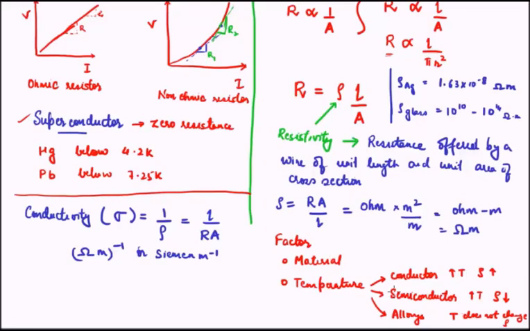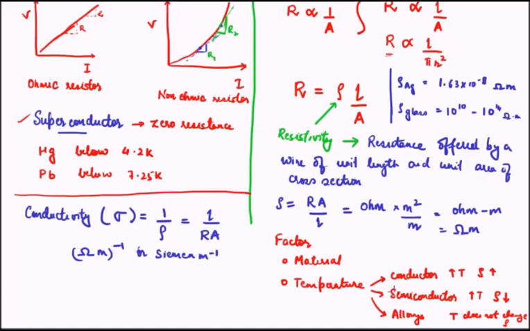Then if we want something with high melting point and high resistance, for example, in the filament of a bulb, we want high resistance because it needs to heat up, energy needs to be lost to heat it up. And since it is heating up, it should not melt, so high melting point. One of the most important such materials is tungsten, so we normally use tungsten in filament bulbs.